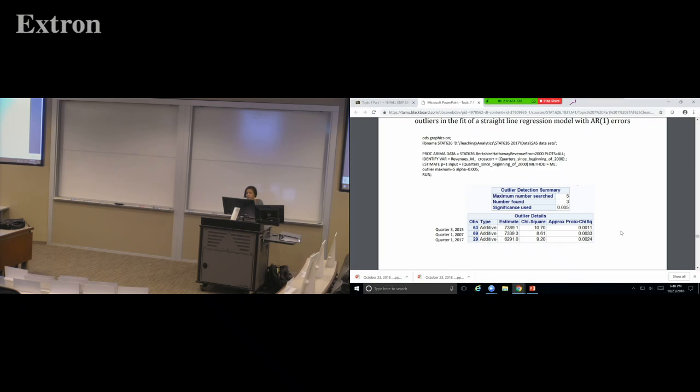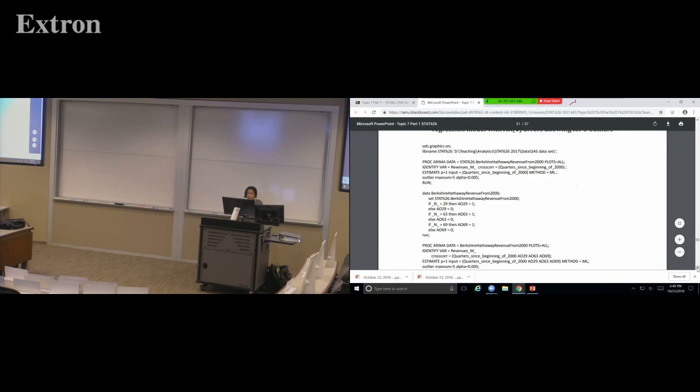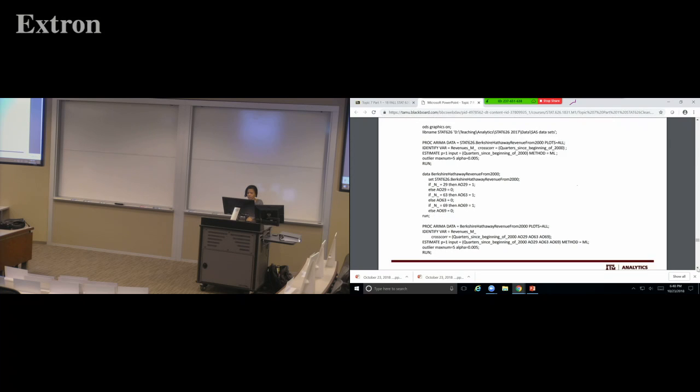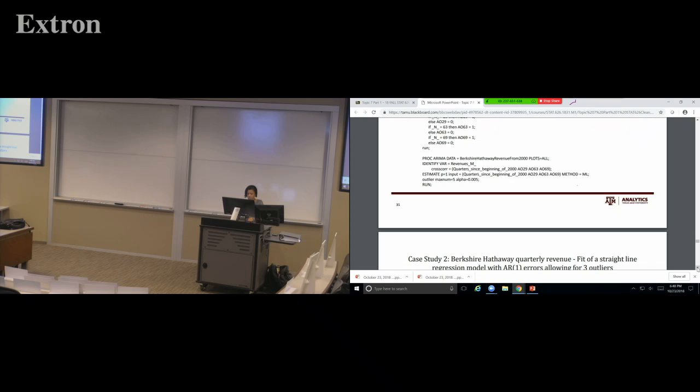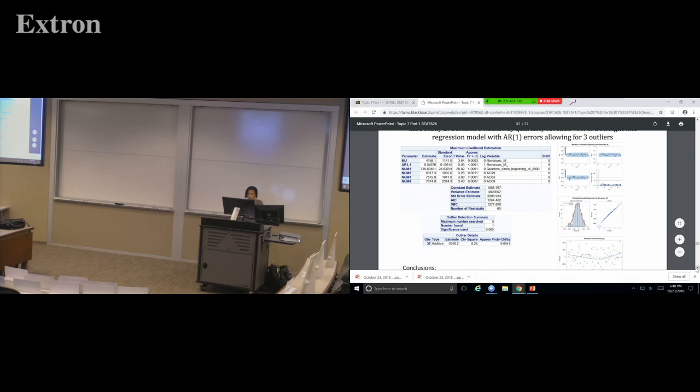Okay. Once we've located these 3 outliers, we then want to, as always, include them into our model. That's what I did here, allowing for these 3 additive outliers. And take a look at what happens when we include these 3 additive outliers into the model.